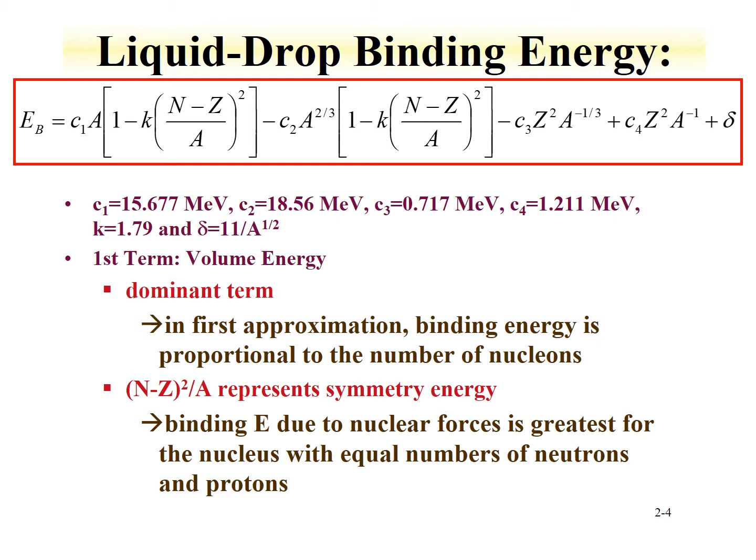This is just something that comes out of some of the studies. So they want to try to work this term into a volume term. This is why the equation has these relationships between neutrons, protons, and A. And then there are some constants that are used to evaluate the term.